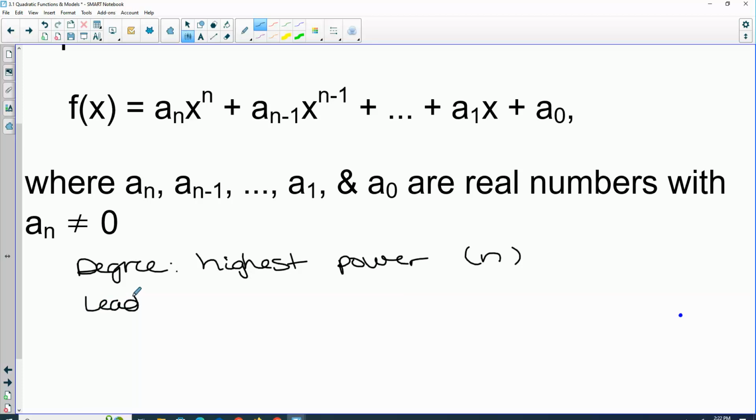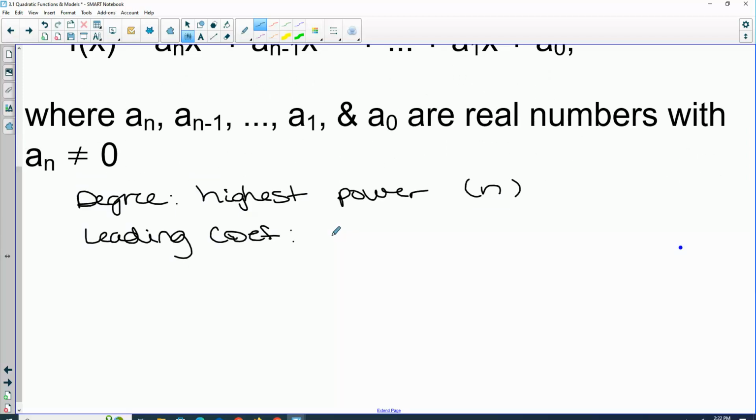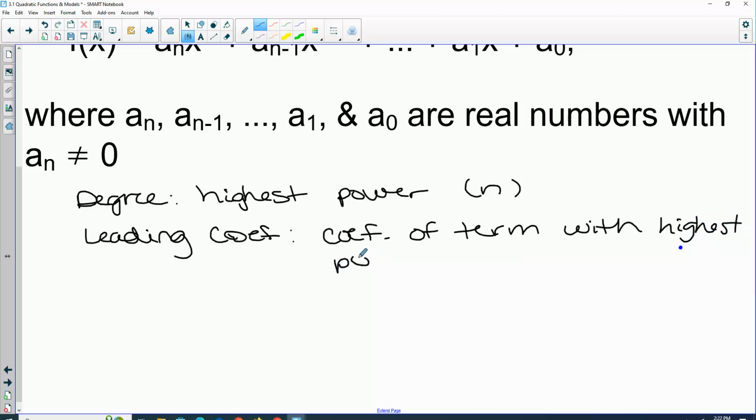The leading coefficient is the coefficient of the term with the highest power. So if n is my highest power, the a in front of that is my leading coefficient.